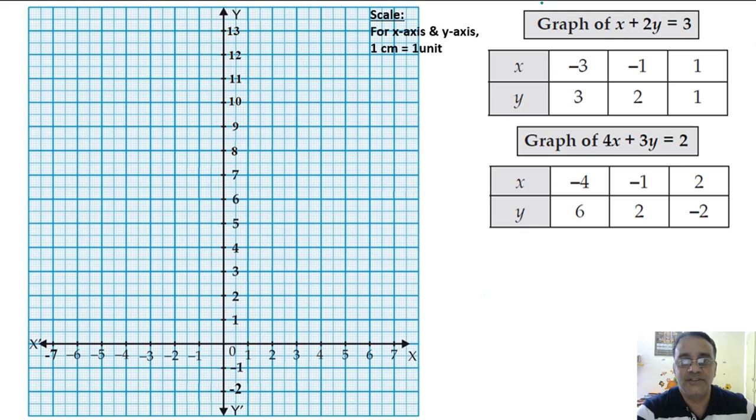Okay, now we are going to plot a graph. We took graph paper and wrote the scale. Now the first point, minus 3, 3, you will get here. Okay, here. Second point, minus 1, 2, so minus 1, 2 you will get here, where I am marking. Next, 1, 1 will be here. Now we have to draw a line which passes through these 3 points.